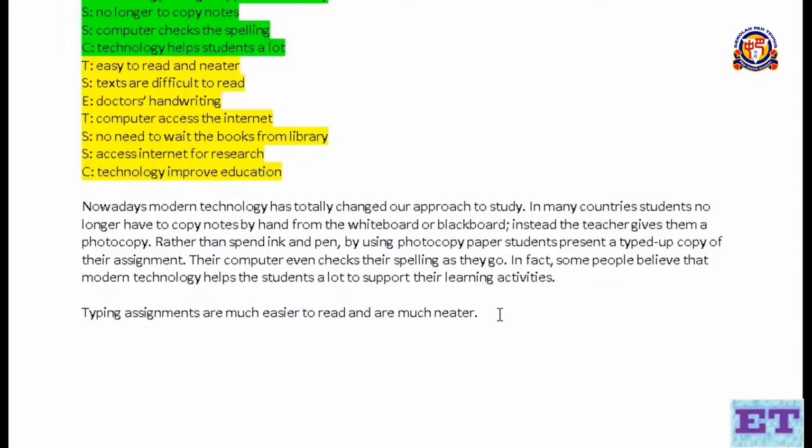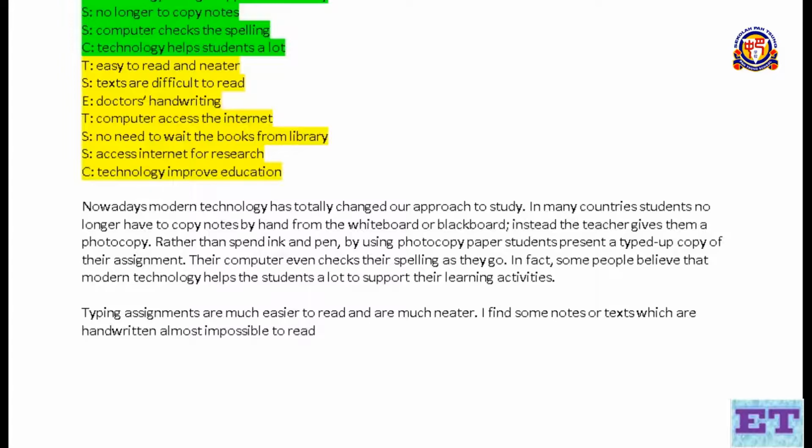So if I find some notes, or text, right, which are handwritten, almost impossible to read, right?